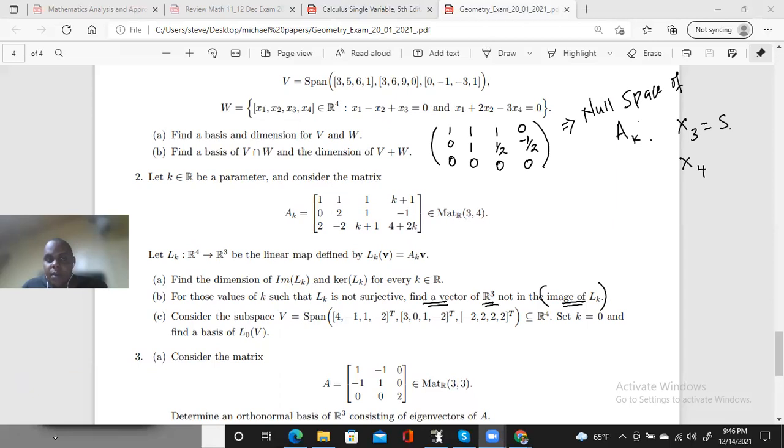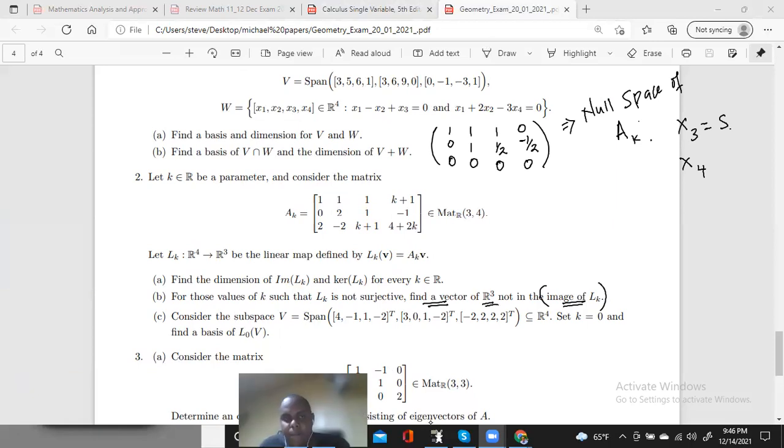But it's better to first put it in an equation so it's easier to understand. For example, x1 plus x2 plus x3 equals 0. x2 plus a half x3 minus a half x4 equals 0. So it's easier to convert.